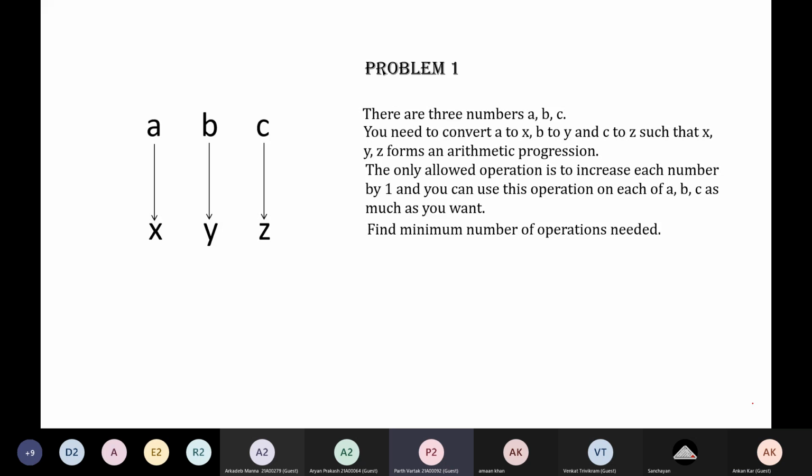So we will have to increase only two or one for the minimum number of operations.